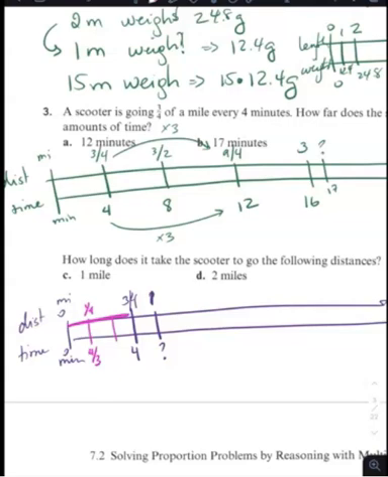Now, if we want to find the 1 mile, then it's going to be 4 1/4. So this is going to be multiplied by 4. So this would be 16/3 of a minute. So 5 1/3 minutes. Okay. And I'm going to leave it up to you to do question B.